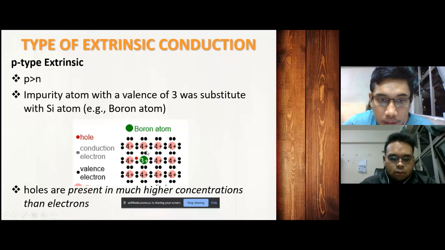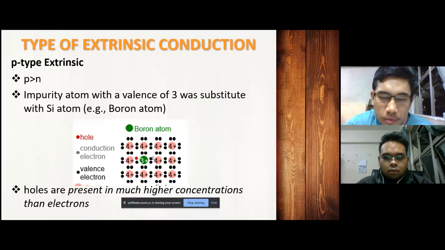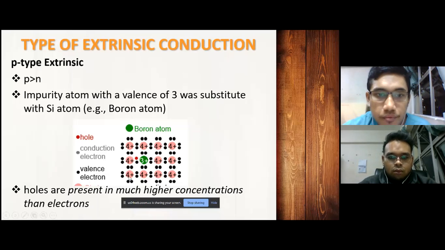This is a silicon atom. When we replace it with boron, as we know, boron has 3 electrons. So there will be one hole, because 4 is substituted by 3. Holes are present in much higher concentration than electrons.